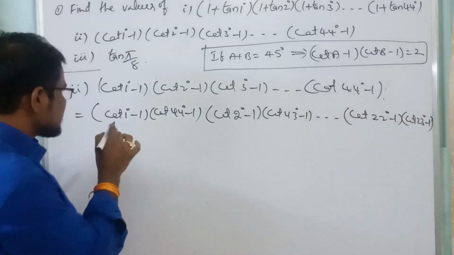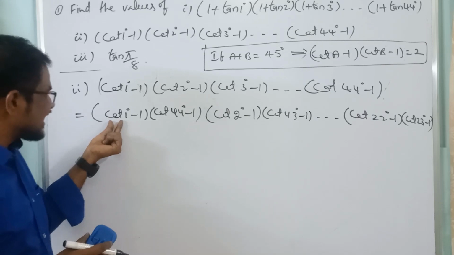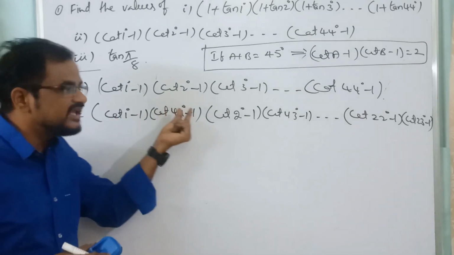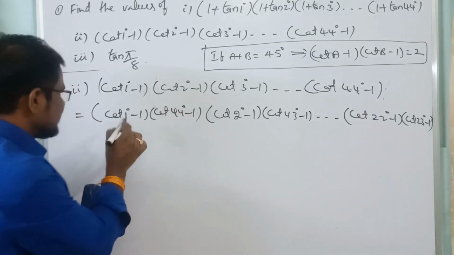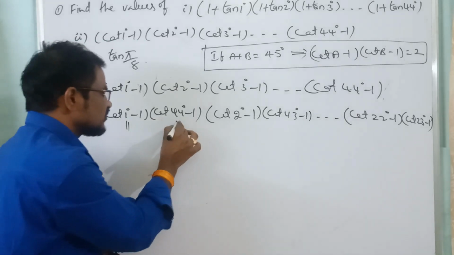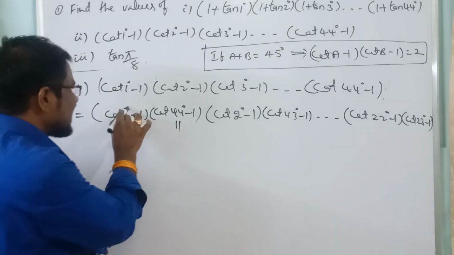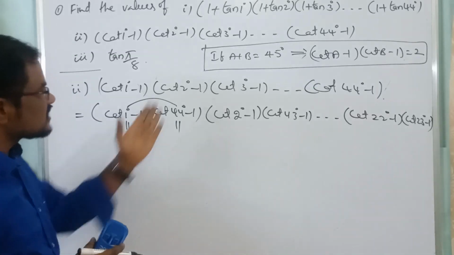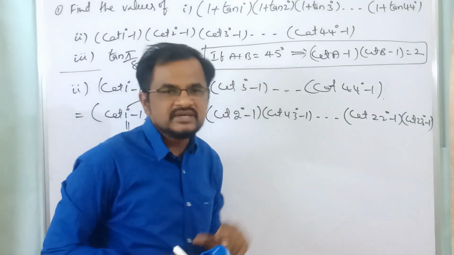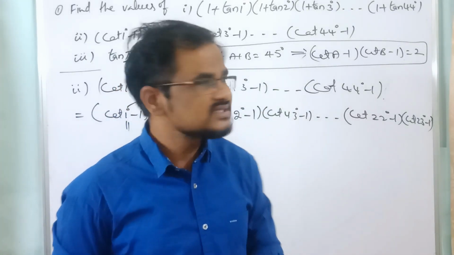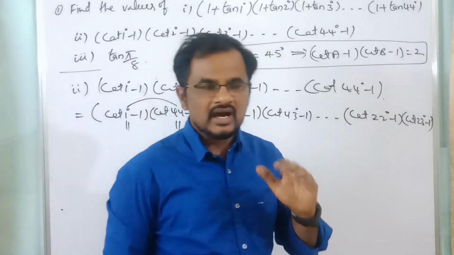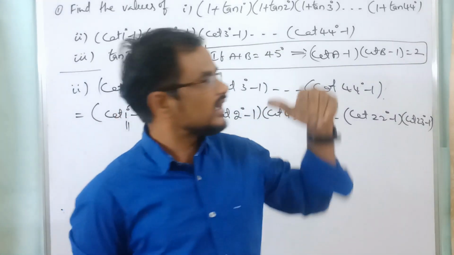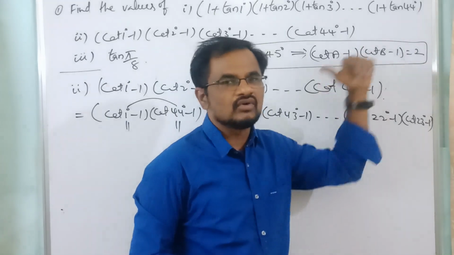So here it is also in the form of cot A minus 1, cot B minus 1. So here A equals 1, B equals 44. If you add these two, 45. Now it is also in the form of A plus B equal to 45. Means what is our condition? Cot A minus 1 into cot B minus 1 is equal to 2.